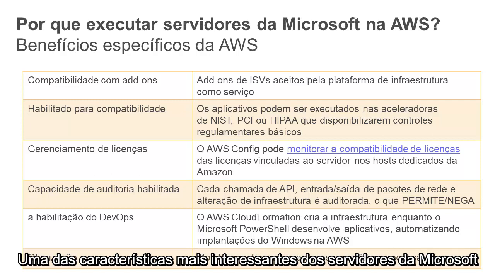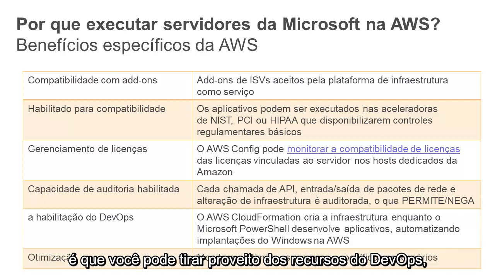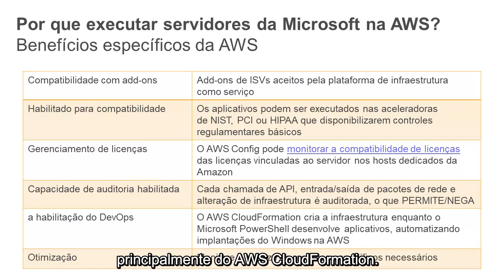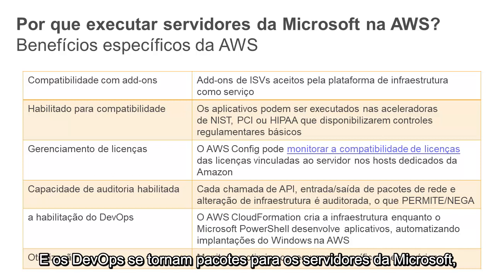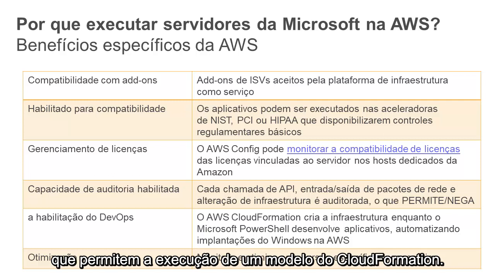Now, one of my favorite features for the Microsoft servers is that you can take advantage of DevOps capabilities, in particular AWS CloudFormation. And these DevOps capabilities become packages for the Microsoft servers that allow you to basically run a template, a CloudFormation template.